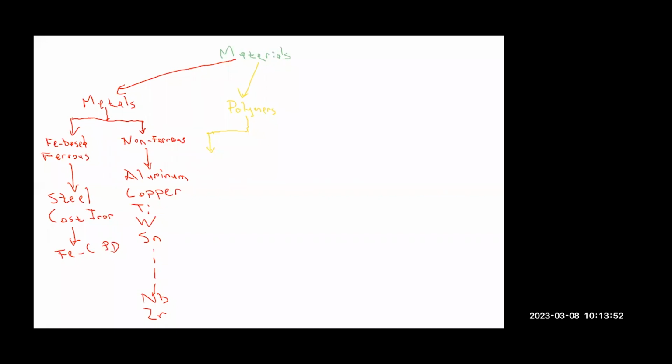Maybe it can be thermoplastics. Perfect. Thermoplastics, for example. Very good idea. What else do we have? Other than thermoplastics, we can have thermosets, right? Or elastomers.